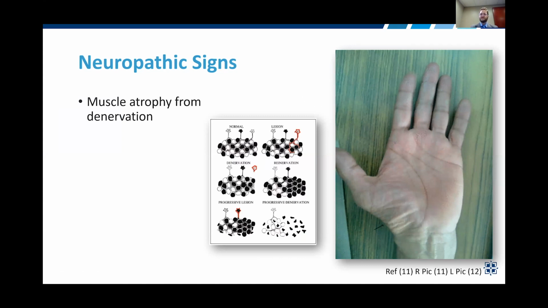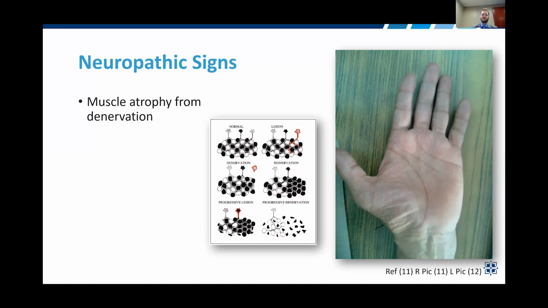Here we see atrophy of the APB, which is a very common finding in patients who have carpal tunnel syndrome. In patients who don't have any kind of sensory loss, it can also be seen in ALS patients with the typical split hand. And from a neuropathic standpoint, atrophy from neuropathic disease can result, as we see over here to the left of the picture, we have normal motor axons innervating different muscle fibers.